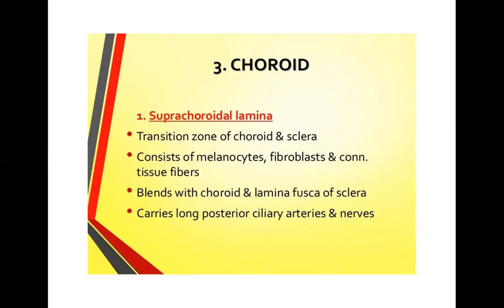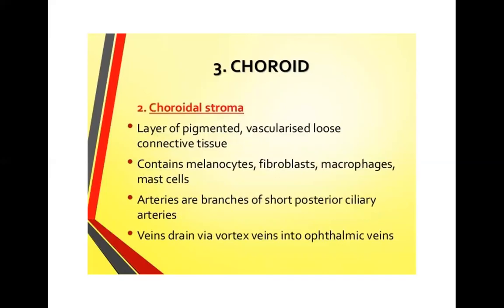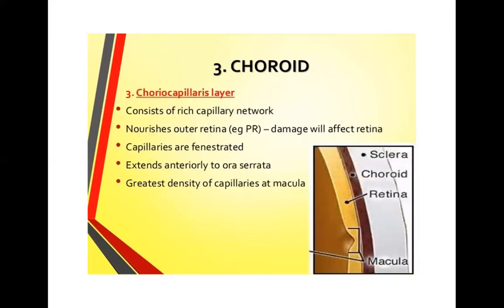Now next to your outermost layer is your stroma. This one is made up of loose connective tissue and also contains cells. Okay, so the arteries found in the stroma are branches of your short posterior ciliary arteries, and the veins usually ultimately drain into your ophthalmic veins. You have both the superior and the inferior ophthalmic veins.